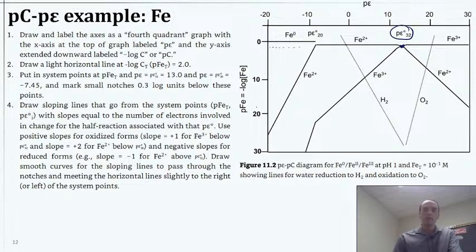I'm just making sense of this now, I apologize. The PE 3,2 is for Fe in the 3 plus state versus Fe in the 2 plus state. That's where the 3 and the 2 are coming from. So then we should have 2, 0 here, just like that.